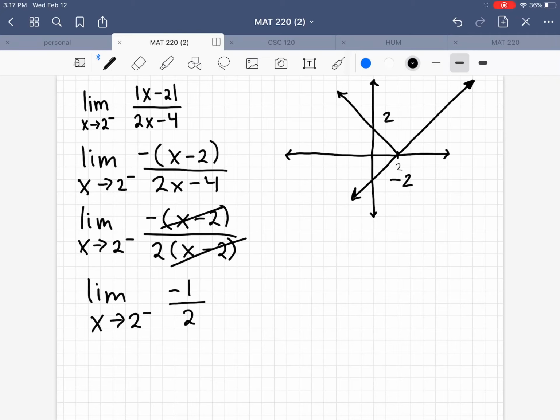So just remember, anytime that you have an absolute value, you're going to need to solve this as a piecewise function. Anything in that function that would normally be negative is now going to be positive.